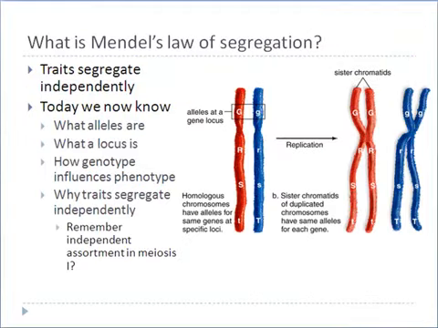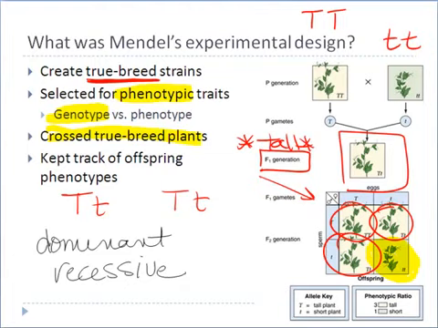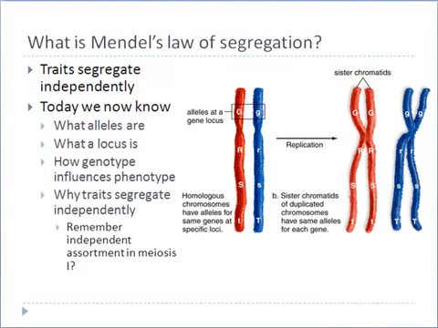Now, one of the interesting things that Mendel found was what he called his law of segregation. And what this said was that, for example, if he were tracking the breeding of tall versus short plants, and at the same time he was also tracking in the same plants what happens when you cross the tall plants with green seeds with the short plants with yellow seeds, what kind of offspring come out of that?